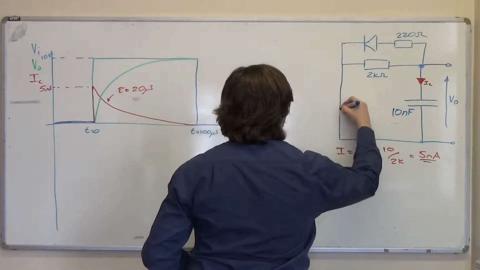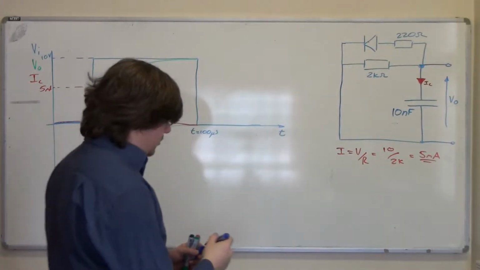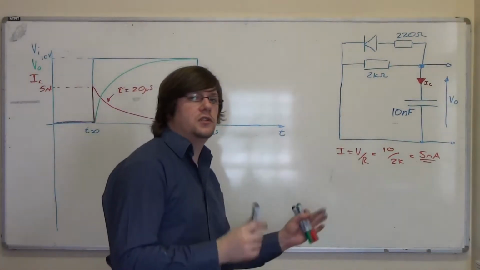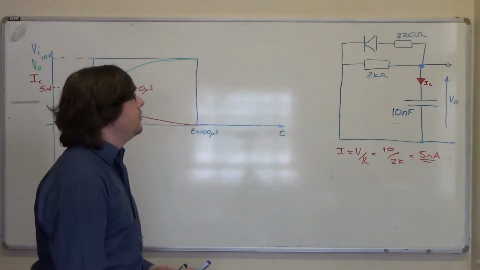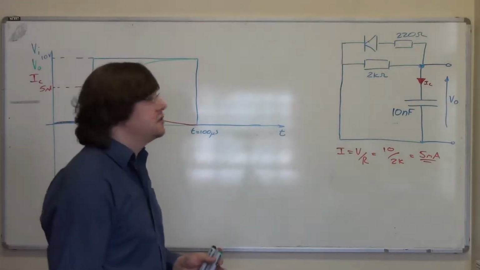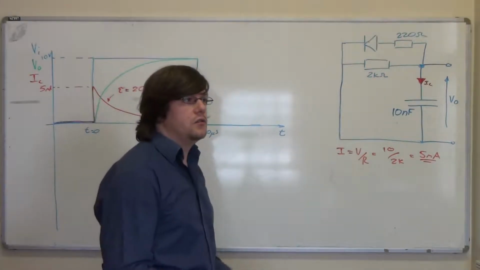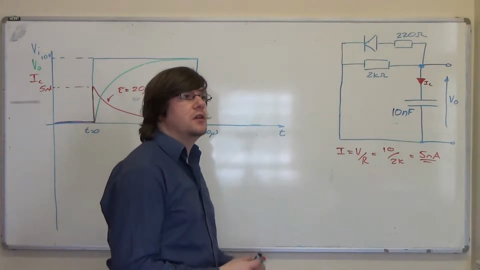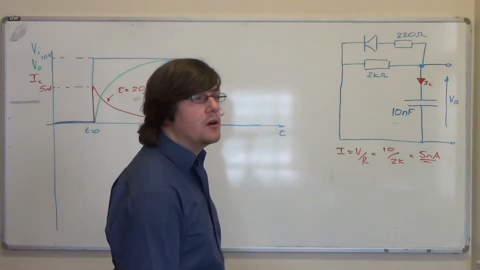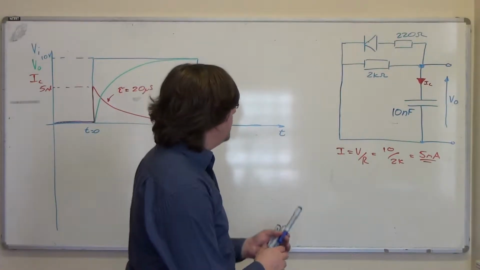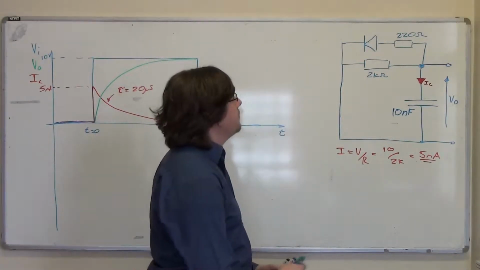So we can just short out the voltage source, and now we've got an RC circuit in which the capacitor is the storage of energy in the circuit, and the 220 ohm and the 2K could potentially both be dissipators, and the diode is like a door with a spring. It doesn't actually dissipate any energy, it just determines if there's going to be current flowing in certain pathways or not. So will the diode be conducting?